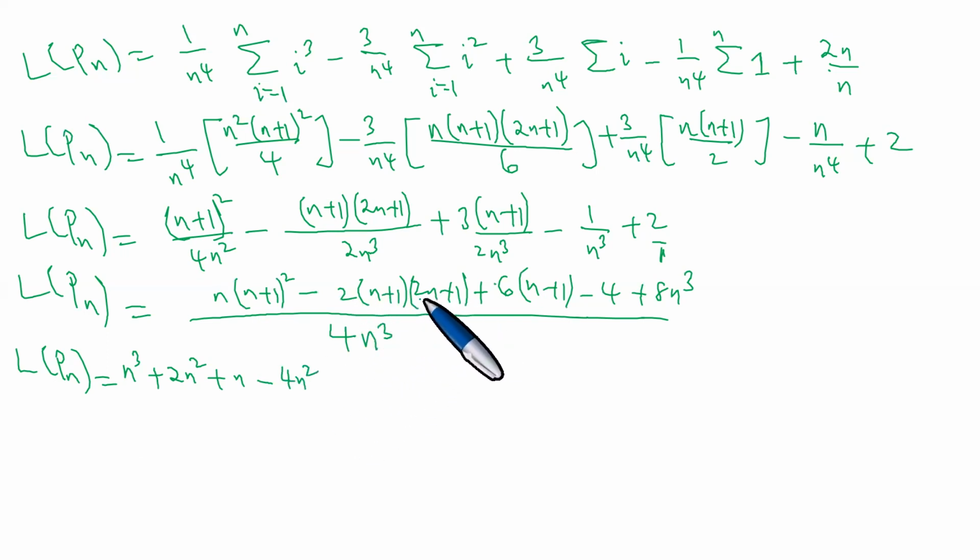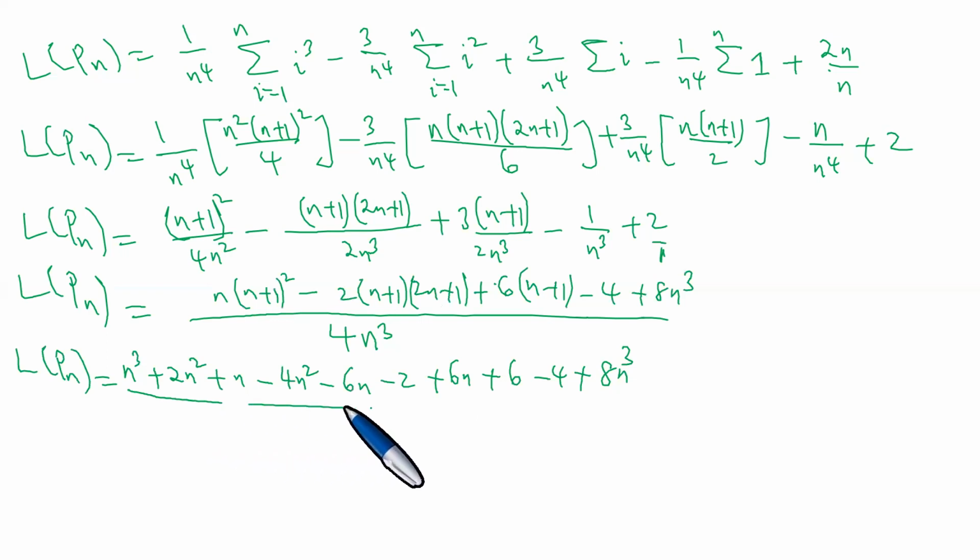This is exactly n plus 2n, which is 3n, minus 6n plus 1, which is minus 2, plus 6n plus 6, minus 4, plus 8n cubed.